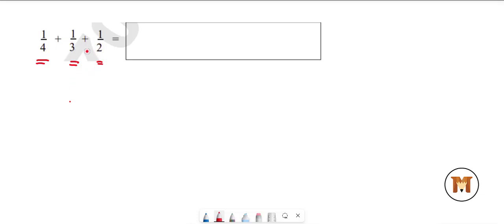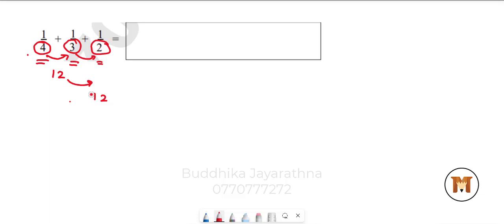There are different ways, but the easiest way is to check all the denominators and multiply them. 3 times 4 is 12, and 12 multiplied by 2 gives 24. So we can take 24 as a common denominator.